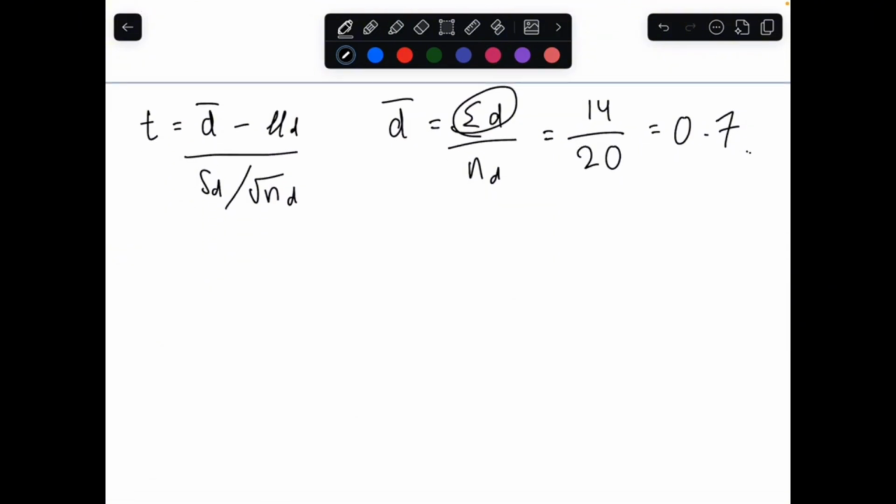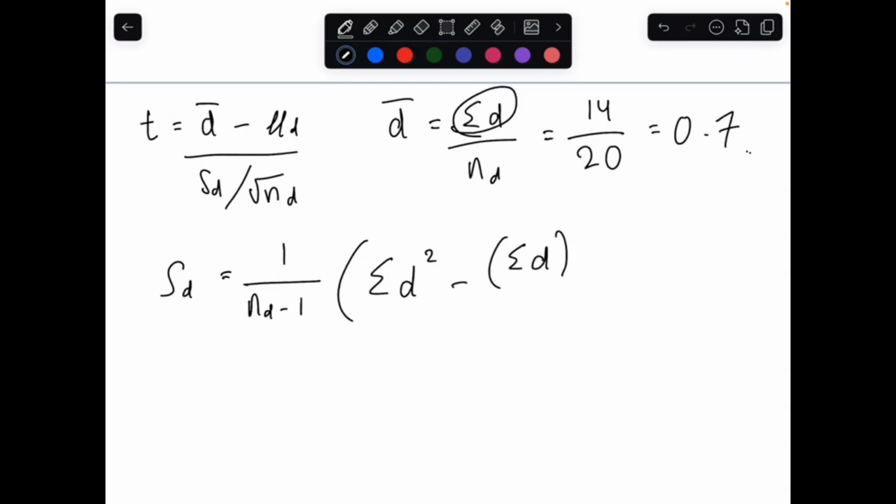For the standard deviation, we have to use the formula: 1 over n minus 1, times sum of d square minus sum of d squared over n.